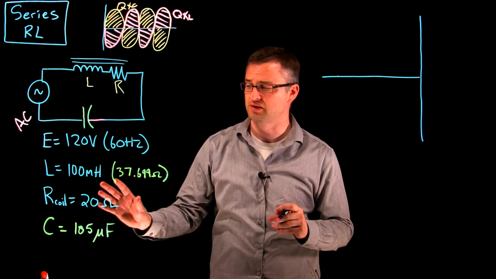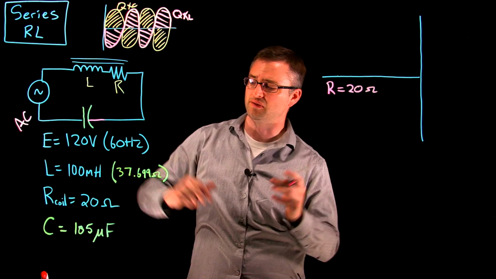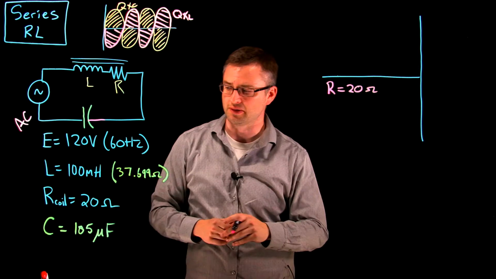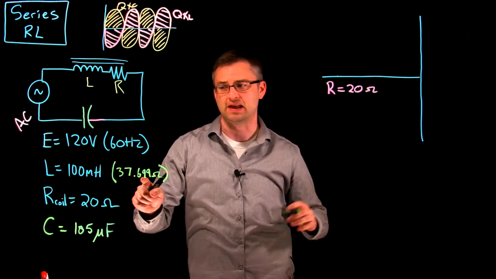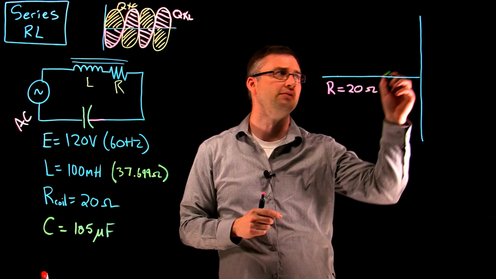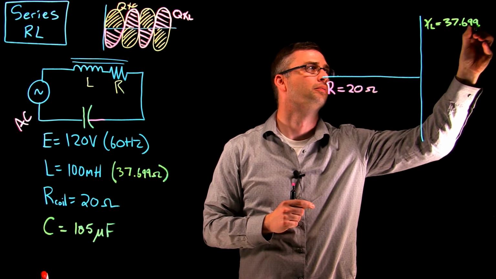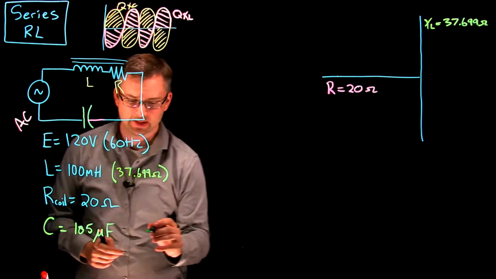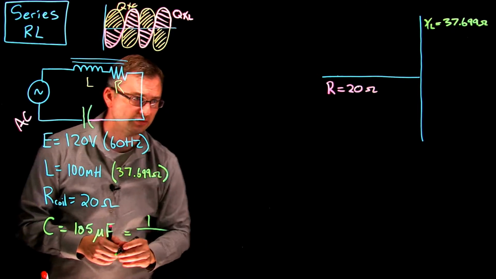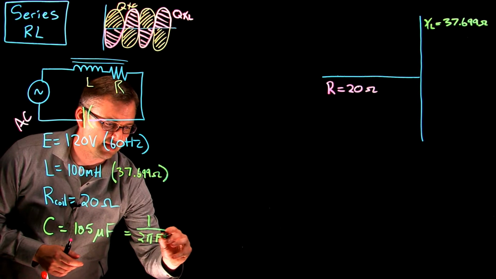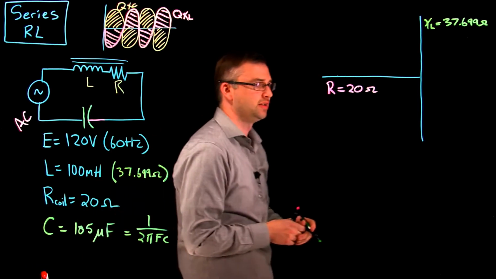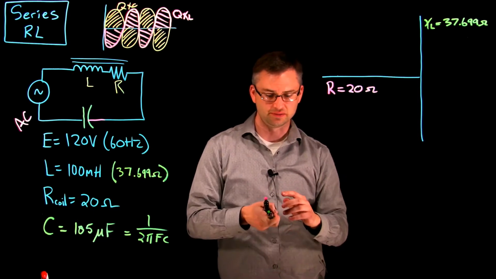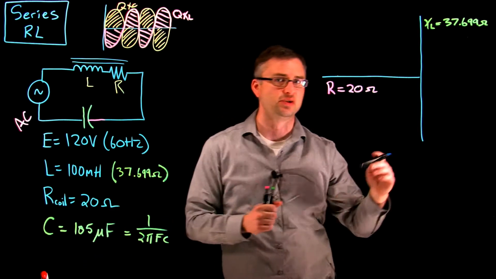All right. First thing though is let's go ahead and put in what we know. The resistance is 20 ohms. That's the resistance of the coil. And then we have an XL of 37.699. Now when we go ahead and calculate XC, which is 1 over 2 pi FC, we're going to figure out that we have an XC value of 25.26.